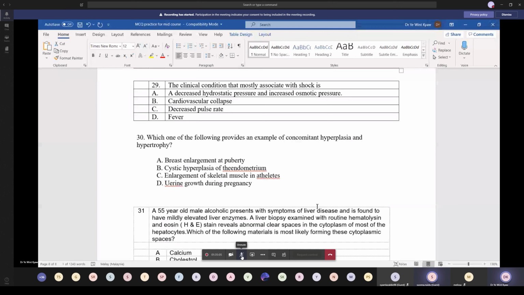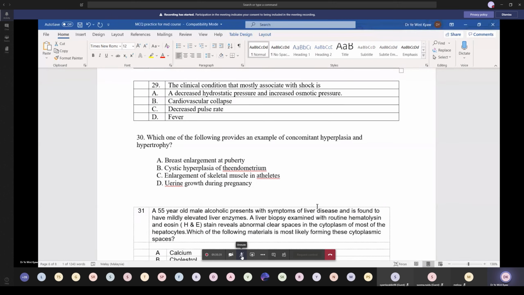Now why decreased pulse rate? Shock is hypotension, increased pulse rate. I think you have not learned the clinical part, it's okay. Shock is increased pulse rate because of widespread hypotension. Hypotension needs cardiac volume. Finally, what is the answer? Still not got it? Anyone? It's very easy if you only think about what shock is.